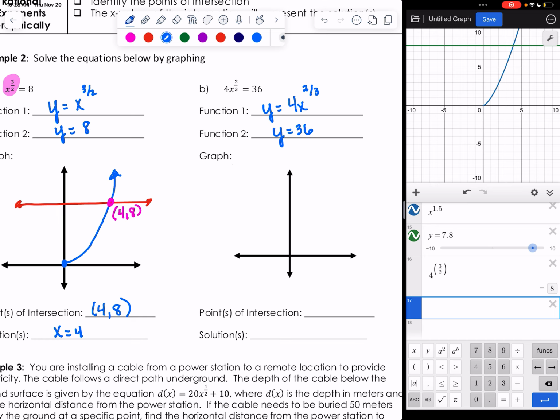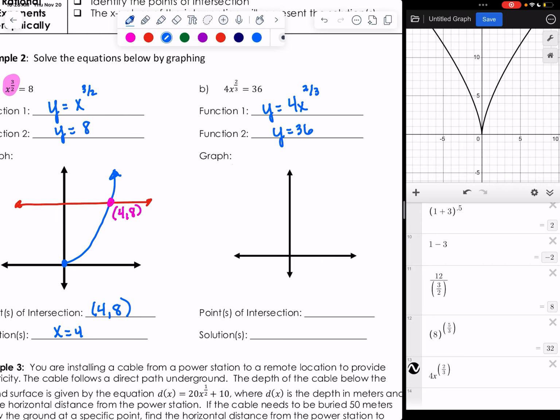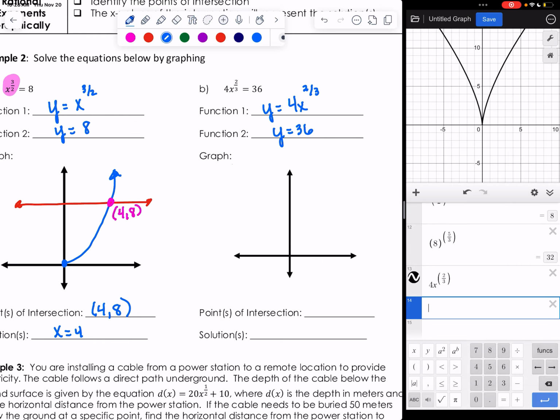So when I come over here to graph this, 4x to the 2/3 power. Oh, let me get rid of my other graphs here. Okay, so now I've got this very interesting, funny shaped graph here, 4x to the 2/3 power.